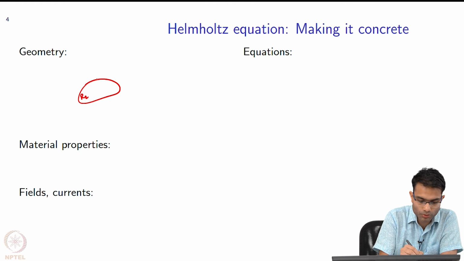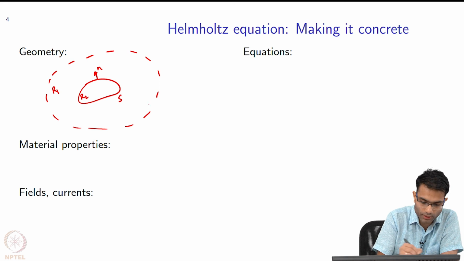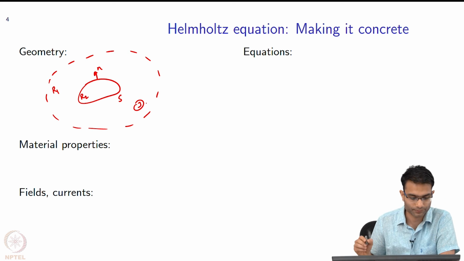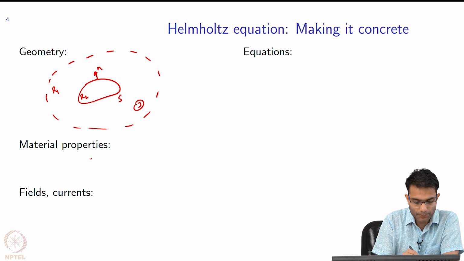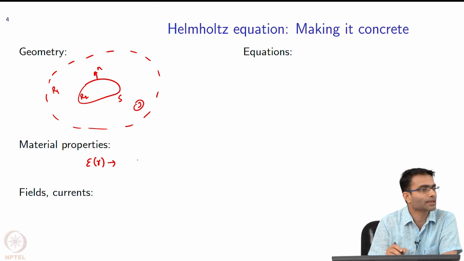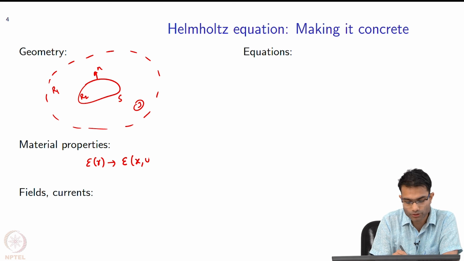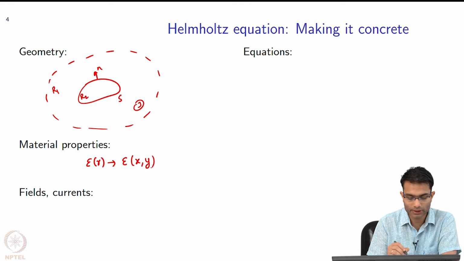This is my region 2 with normal over here and surface S, and this is my region 1, and this is my current source J. Okay. So, material properties we have already seen. Epsilon r characterizes the material properties, and it is going to be a function of x and y. Okay.